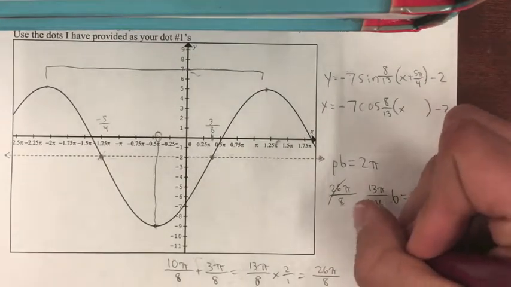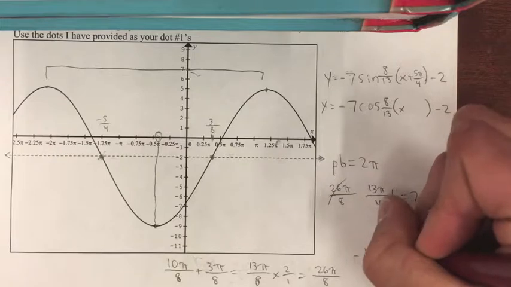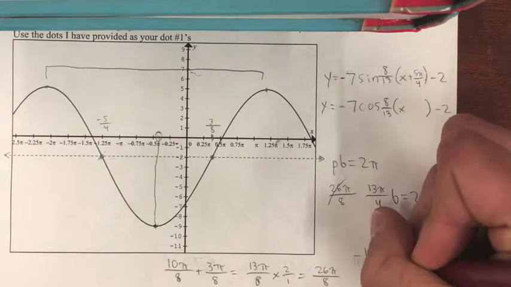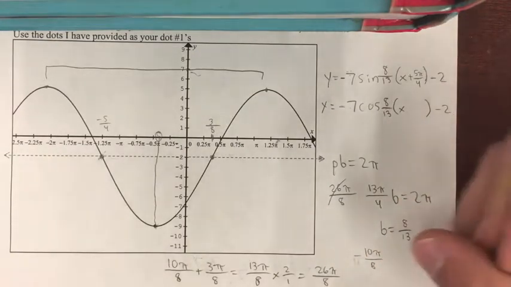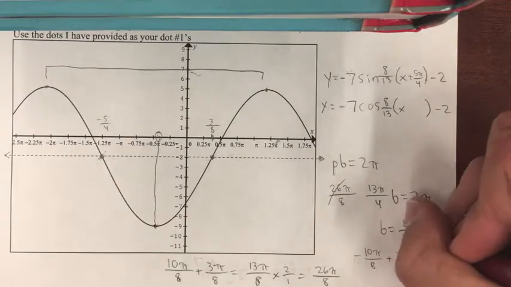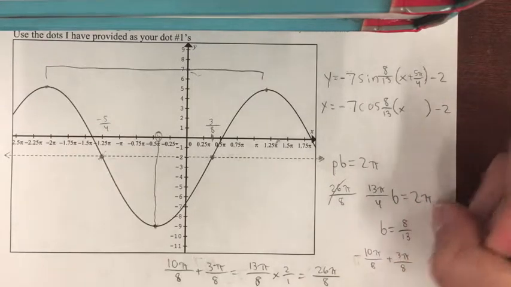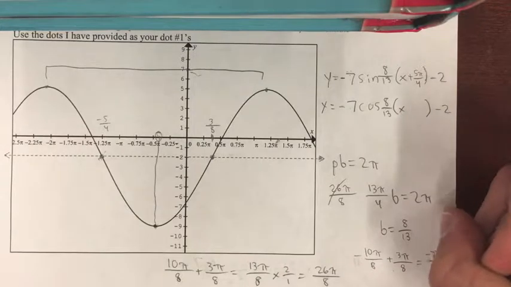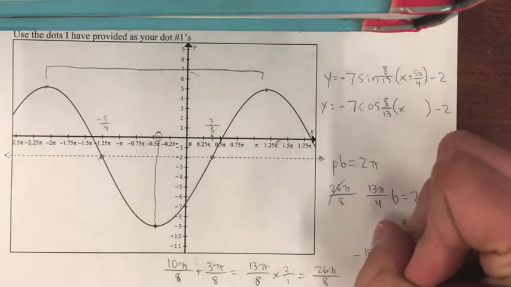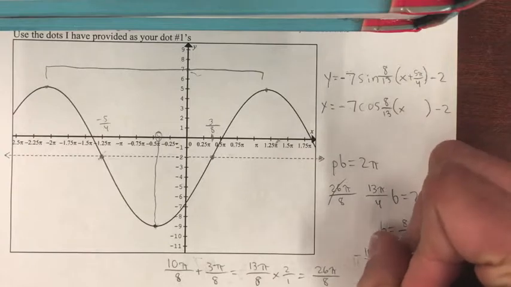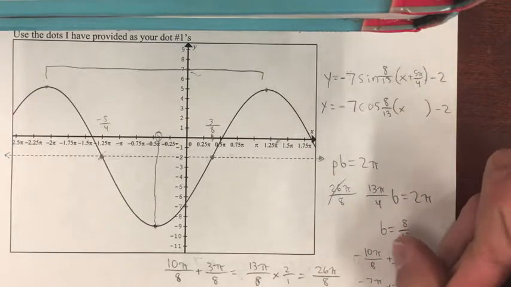So we got negative 10 pi out of 8, which is just an extended version of negative 5 pi out of 4, plus 3 pi out of 8 equals negative 7 pi out of 8. And then we're going to take that negative 7 pi out of 8 and multiply it by 1/2.